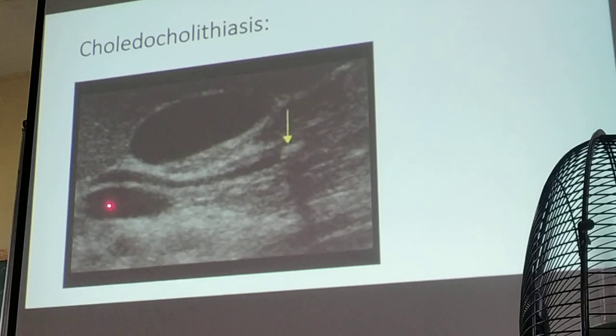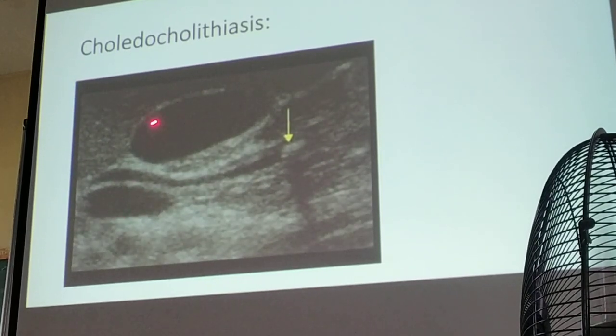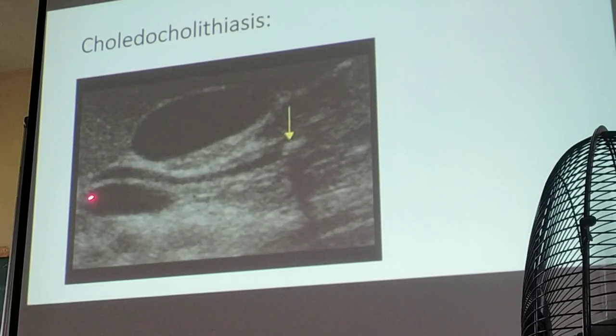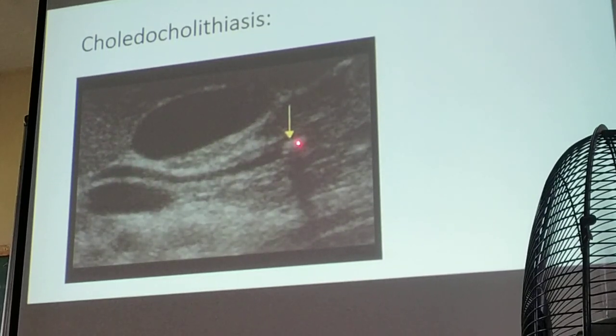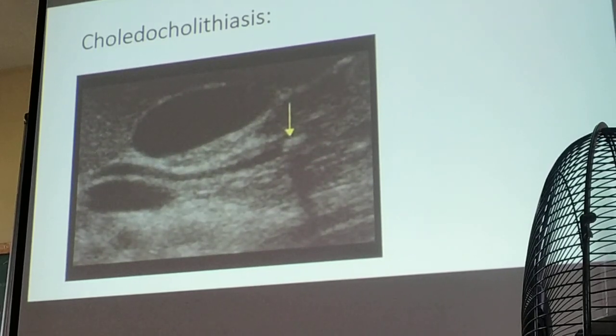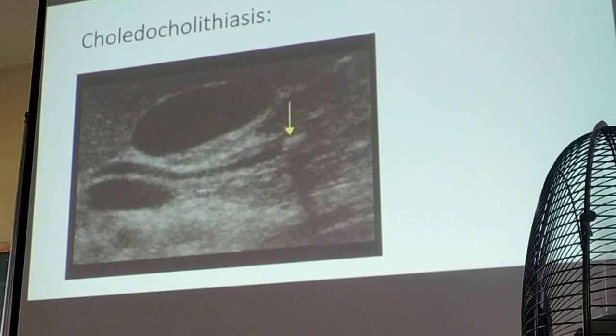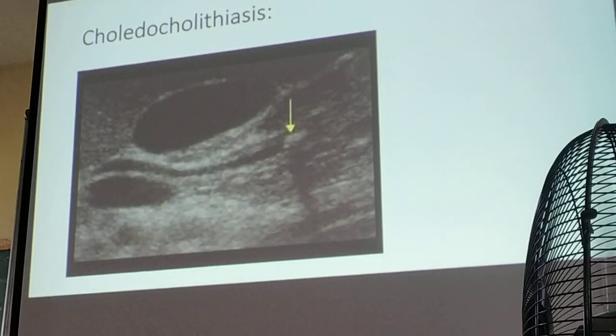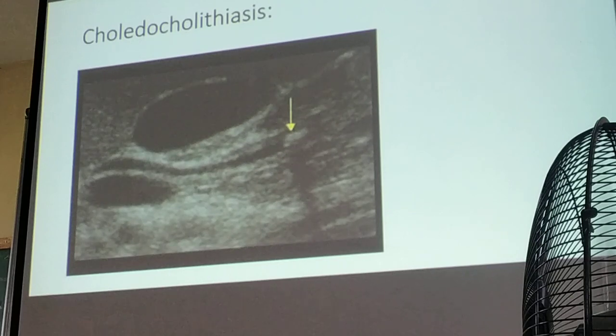So, this is your portal vein, this is your gallbladder, this is your CBD, and then there's a stone there, so that is your CBD stone or your choledocholithiasis. Definitely, choledocholithiasis will be asked in the exam.